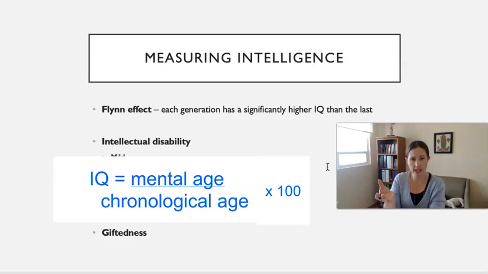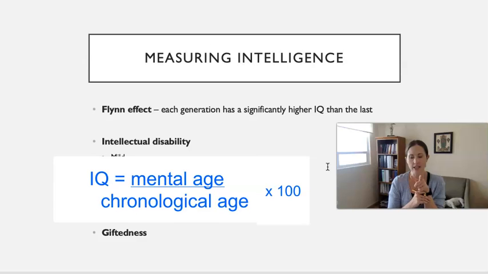So if your mental age is 8 and you're 8 years old, your IQ is 100. The average is 100. If you are 8, but your mental age is 12, your IQ is 150. You're technically in the gifted range. If you are 8, but your mental age is 6, then your IQ is 75.